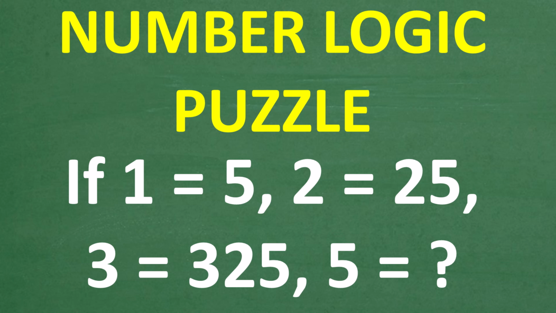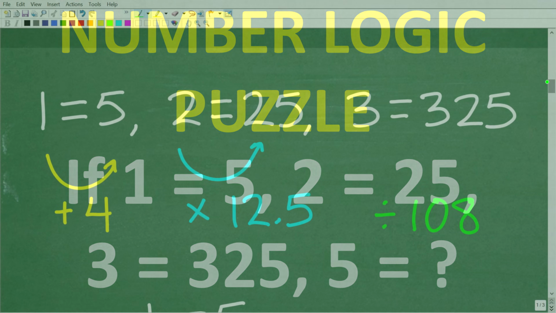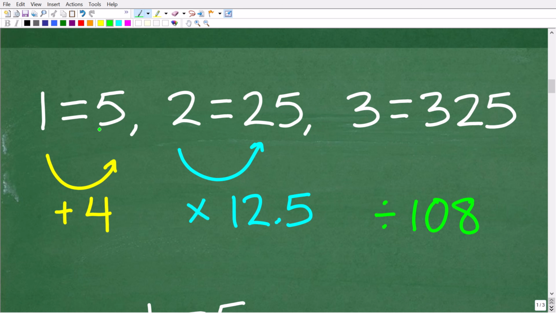So let's take a look at the pattern using some math, right? So maybe there's some sort of hidden mathematical code going on here. So if 1 is equal to 5, maybe the rule or the pattern is we add 4, right? So that certainly works here, but it doesn't work in our next number. 2 plus 4 would get us to 6, so that's not going to work.